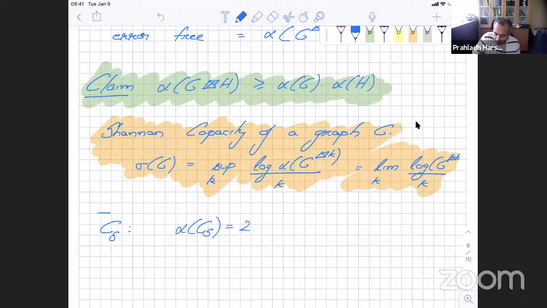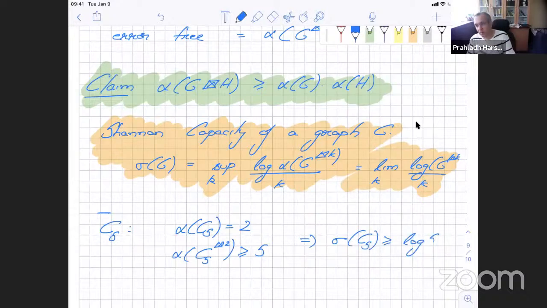For the strong product of C5 with itself, we saw an independent set of at least 5, and there could be a larger independent set. So this implies that sigma of C5 is at least log 5 by 2. It could be more. As you keep going larger, it could be more.